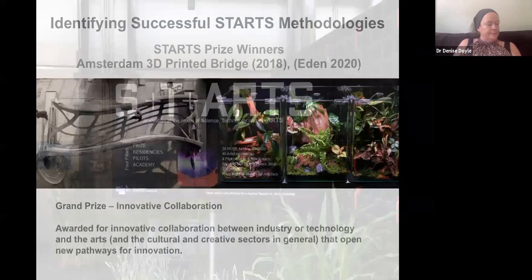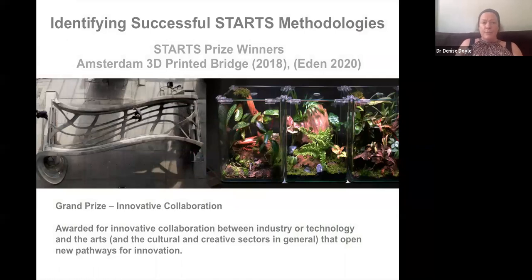So over the 5 years of the project, the STARTS Prize has held an annual competition to recognise innovative projects that make a significant impact on both economic and or social innovation. And the 2 prize winners each win €20,000 each.